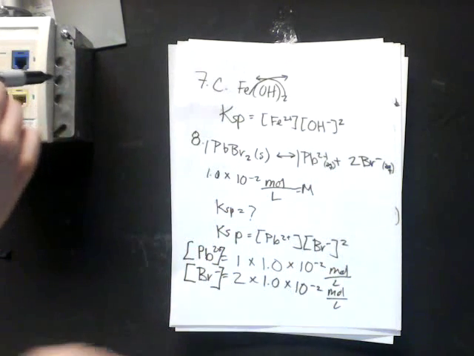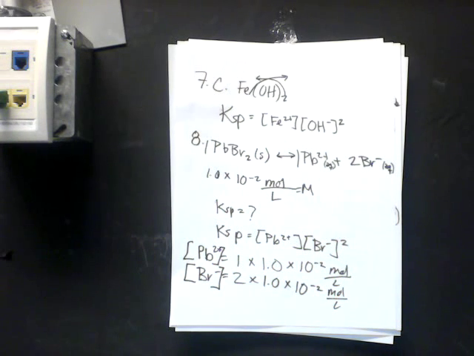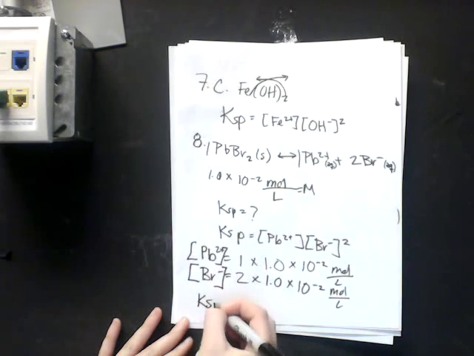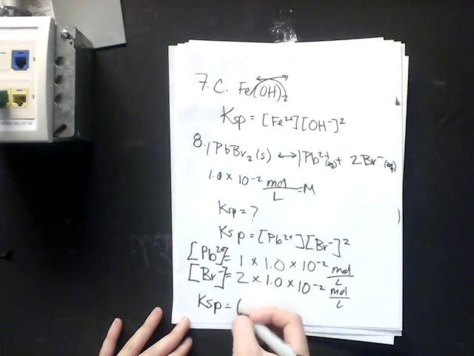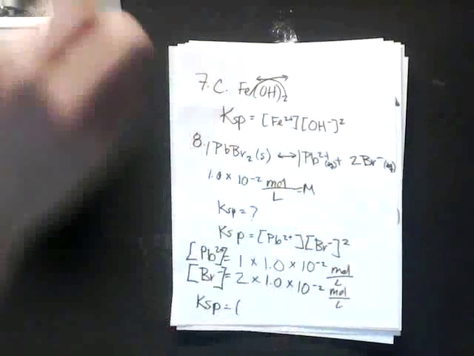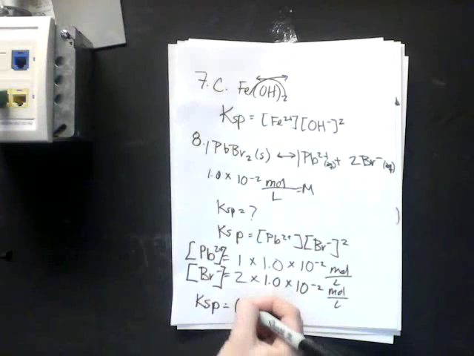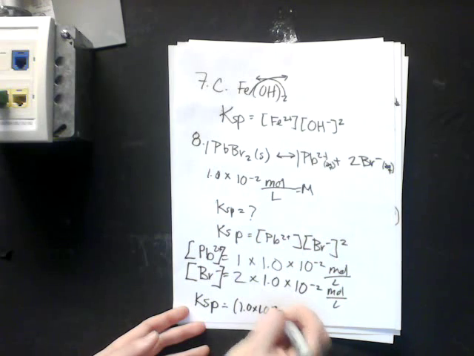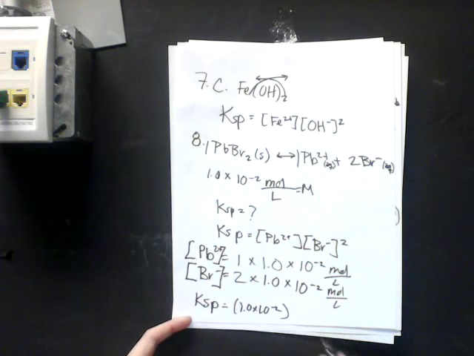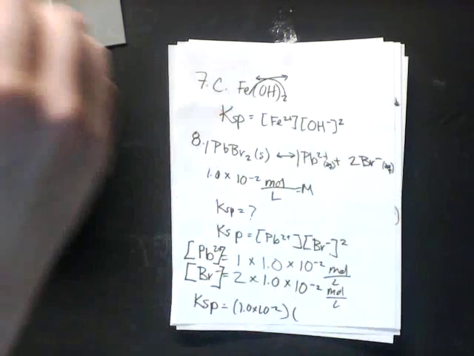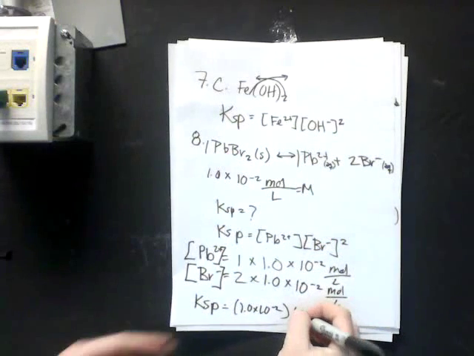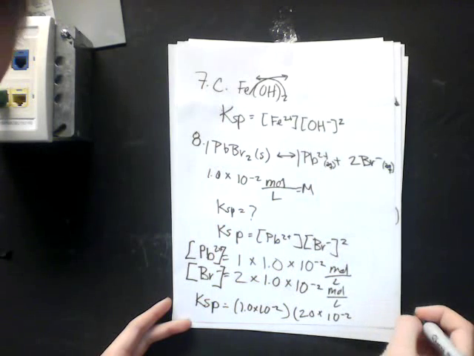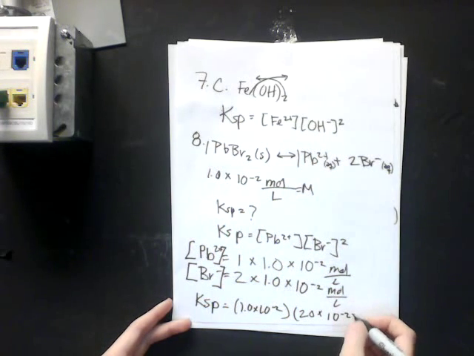So in my actual Ksp expression, I'm going to say 1.0 times 10 to the negative 2, times Br, which is going to be 2.0 times 10 to the negative 2, squared, right?